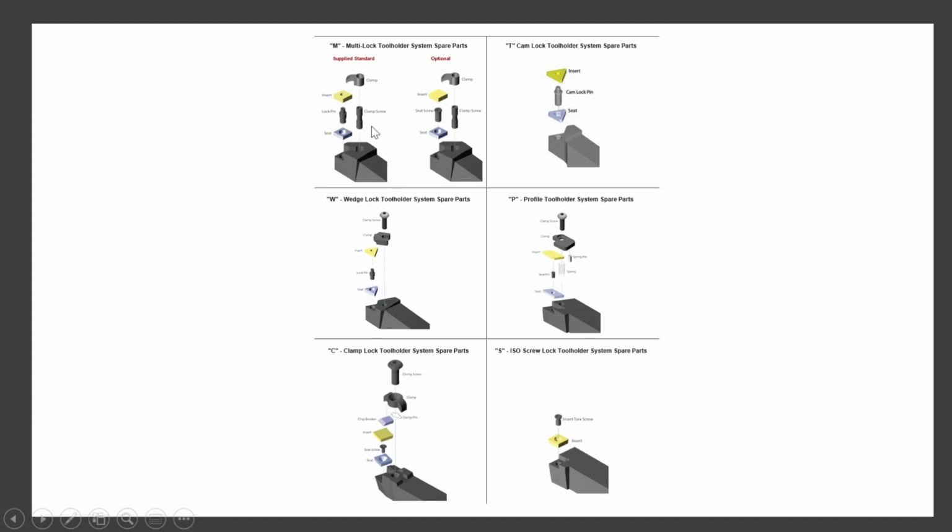You can observe this multi-lock. This is a seat, here you are going to put the insert, then a pin is there, this is a clamping screw, and this is the clamp. P is for profile, T is for cam lock.